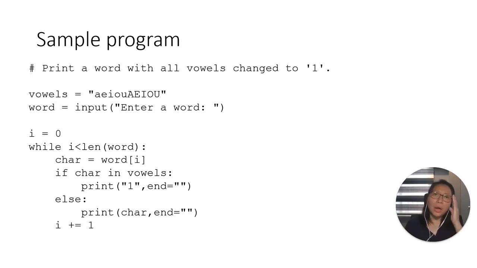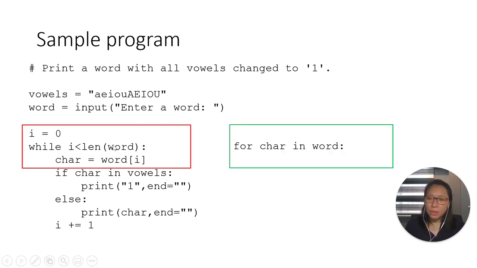A more programmer-friendly and more readable way of doing this is by using a for loop. If we use a for loop, we don't have to do indexing in this manner. We can just loop through every character in the word, every element in the sequence of characters which we call the word.